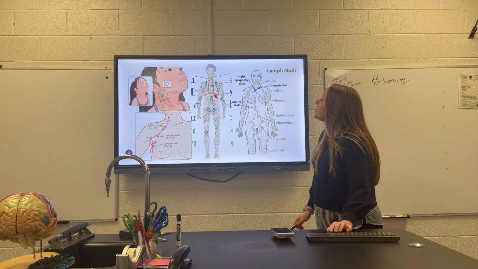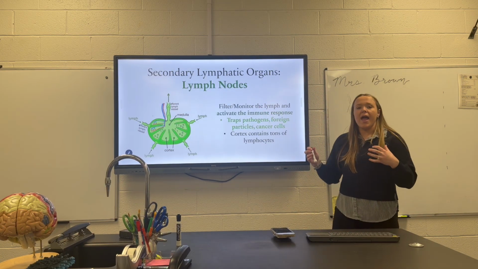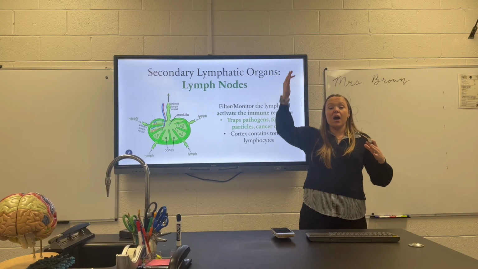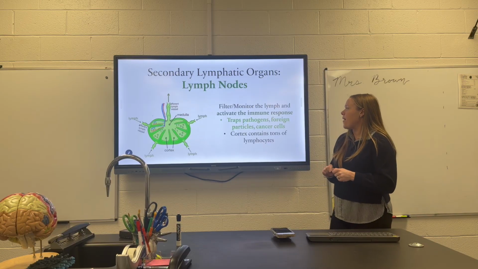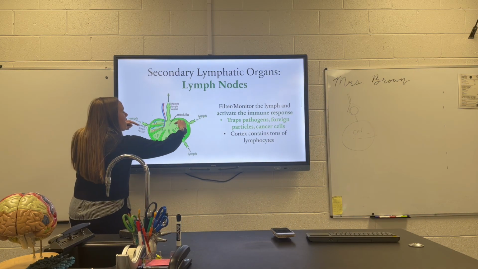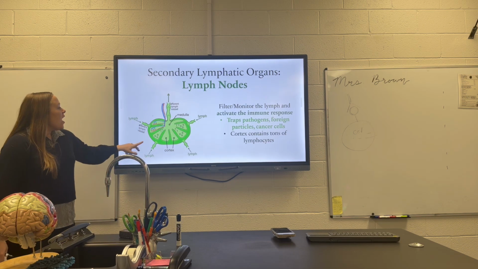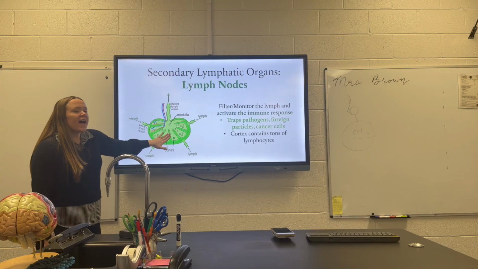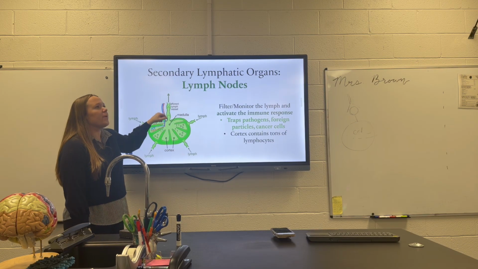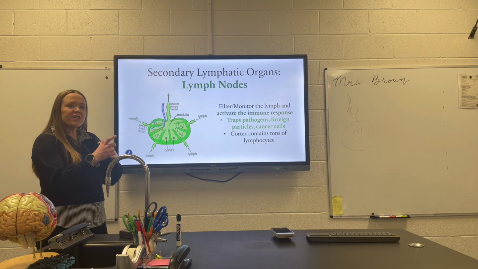So the question is what do they actually do? Well, the lymph nodes are filtering and monitoring the lymph that passes through them to get back up and drain into the veins we were talking about. And when that lymph enters through all these afferent lymph vessels, it has to go through the cortex of the lymph node and then through the medulla and then up and out, to continue on through the lymphatic capillaries and vessels.